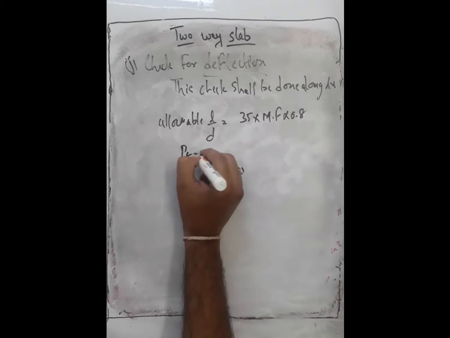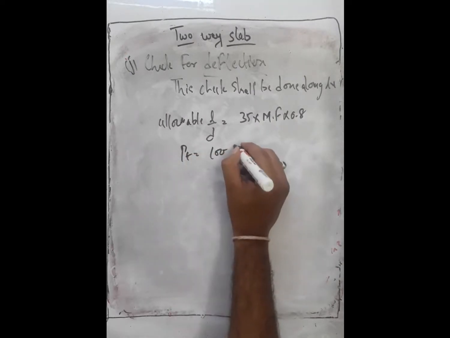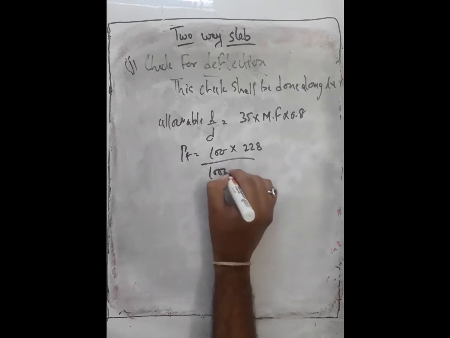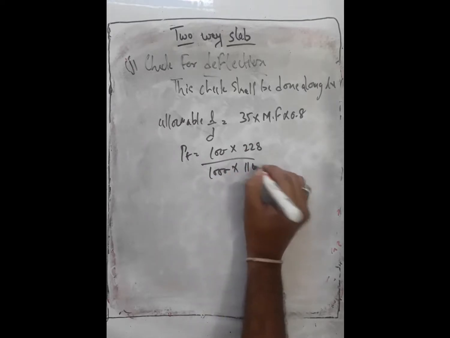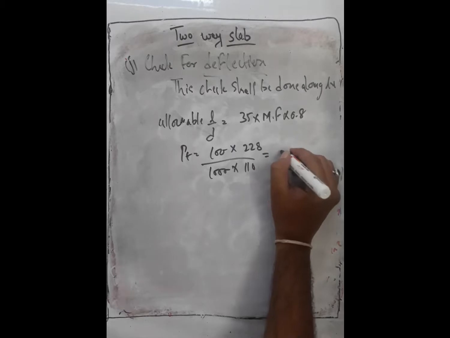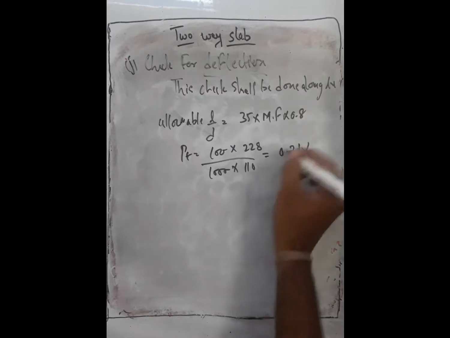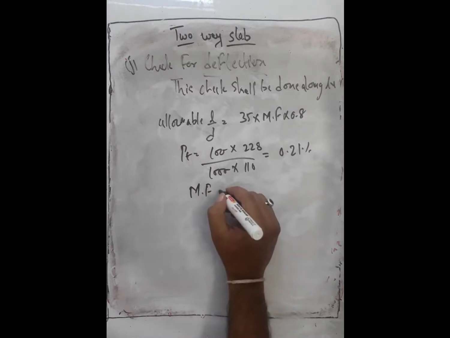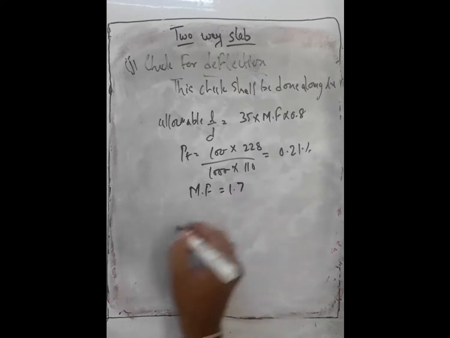Now we have to find the modification factor with this value: 100 into AST, which is 228, divided by b into d. d is 110. So we get 0.21%. So for 0.21% we find the modification factor with the help of figure number 4 of IS 456:2000. We get 1.7.